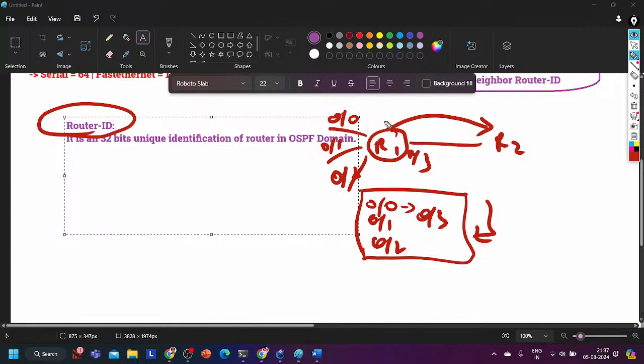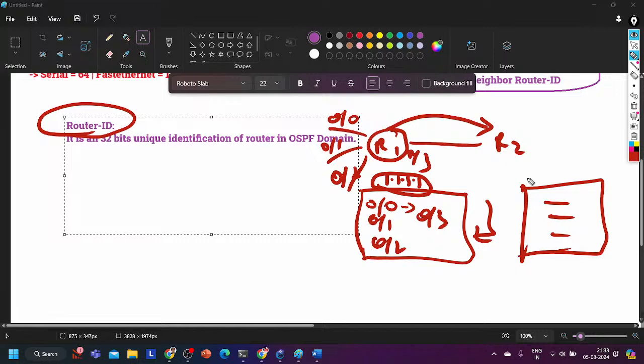So let's suppose the router ID is 1.1.1.1. So this router ID is the unique identification of its database. In the same way, router 2 is going to maintain a database and its router ID is 2.2.2.2. So router 2 is going to represent its database in the entire OSPF domain with the help of this router ID, and router 1 is going to represent its database in the entire OSPF domain with this router ID.